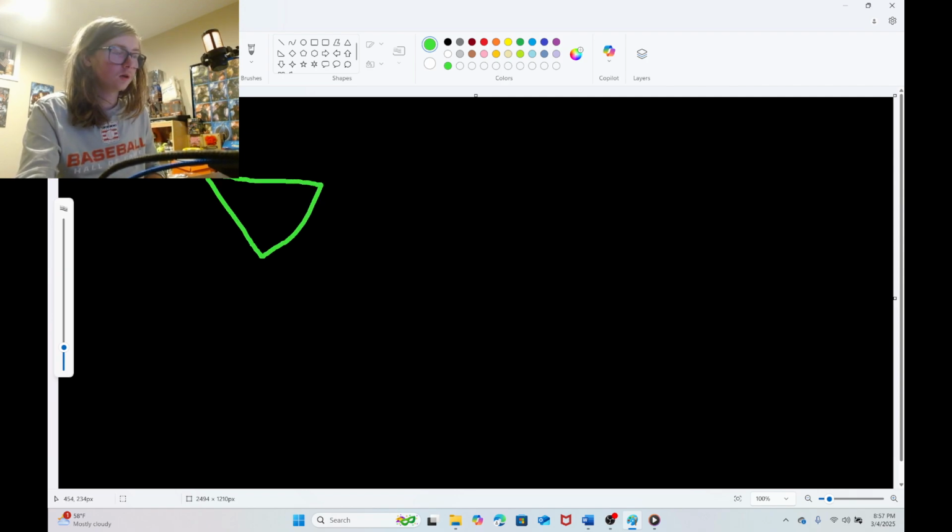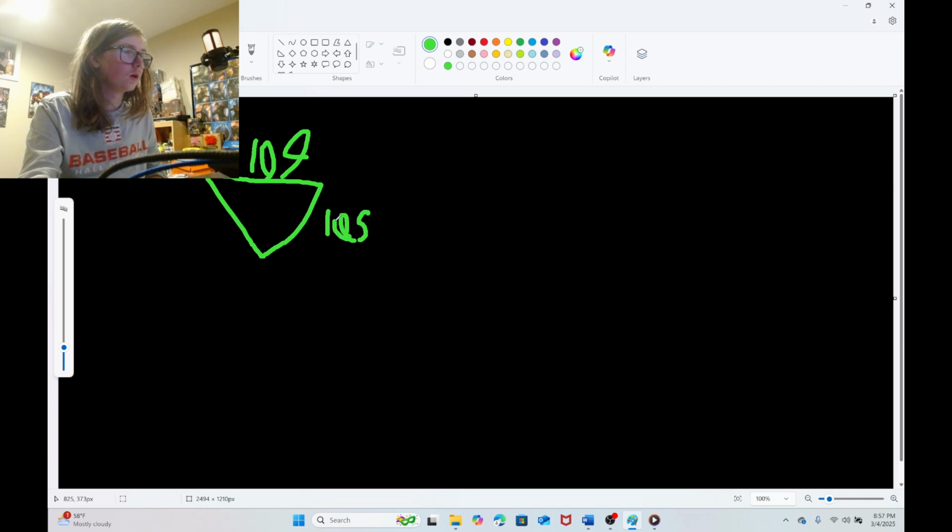But this one, we can do this. We have a side length 109, a side length 105. I know normally I do my 1s with the things, but if I do it like that, no one's going to get confused with it being a 2 or a 7. And then angle 70 degrees.